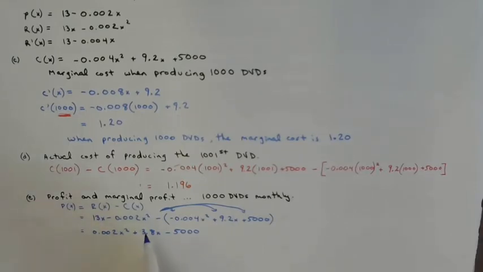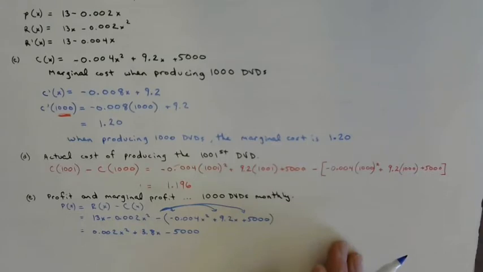We can interpret this: it's a quadratic, and even before you produce anything, your cost is $5,000. So $5,000 flat fee, you're in the hole essentially, and then anything you sell, you start to earn some of that money back.